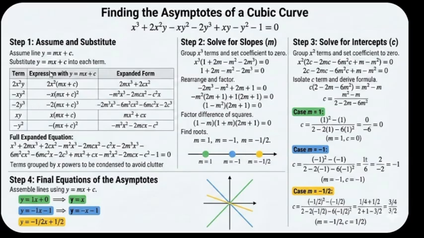As x tends to infinity, both the points are going to satisfy this equation. Therefore, we substitute y is equal to mx plus c in this equation, and we have to make the x coordinate tend to infinity.